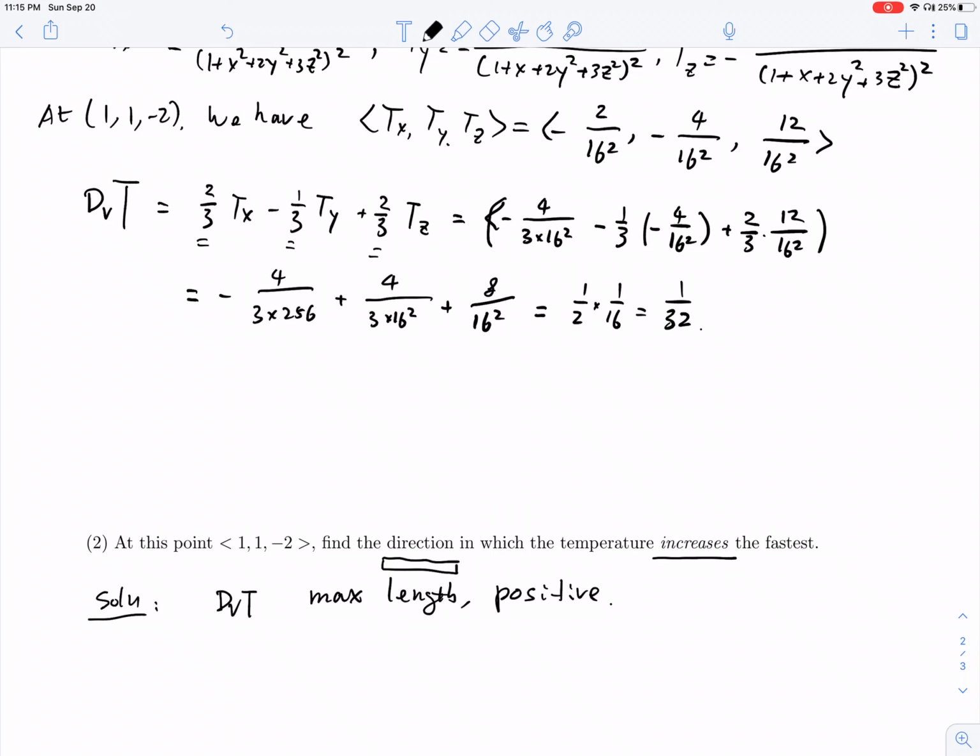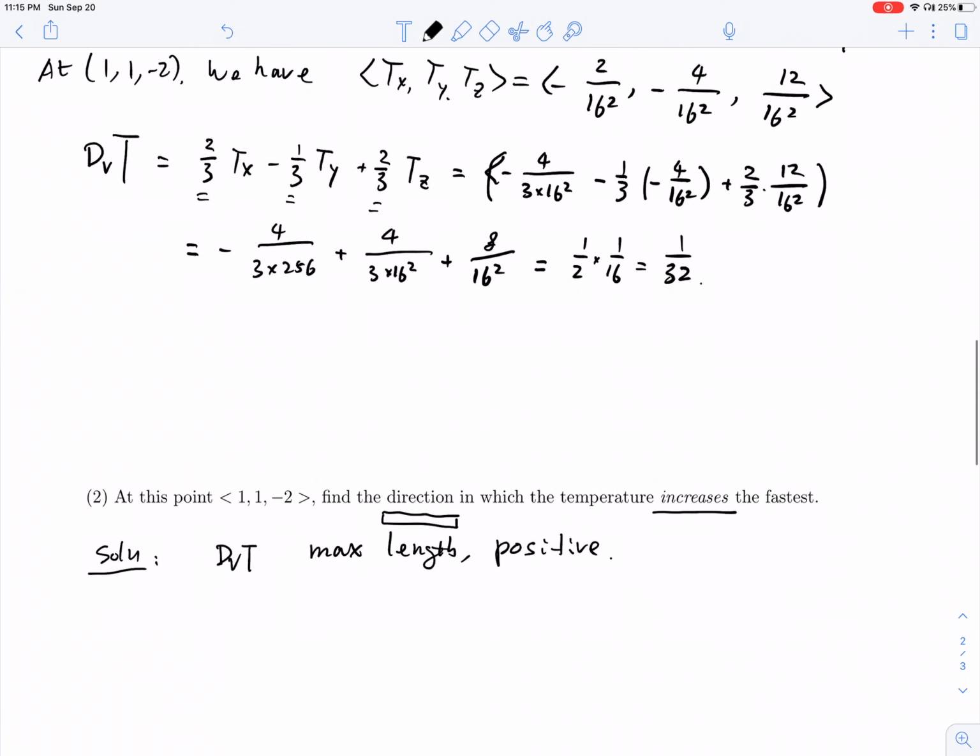Now, we know which direction we're going to have. We know that this v over here must be proportional to this gradient. And also we want this v over here to have length 1.